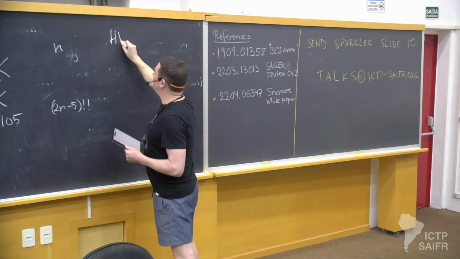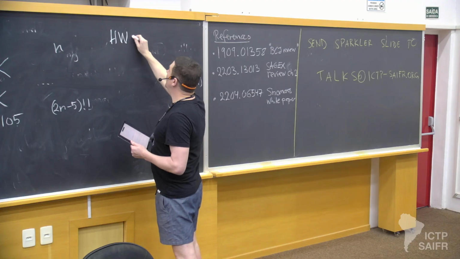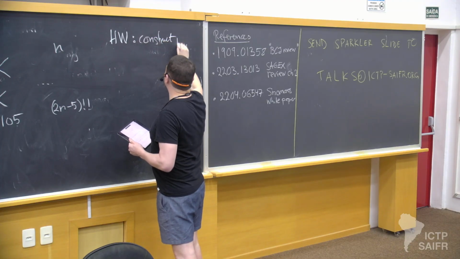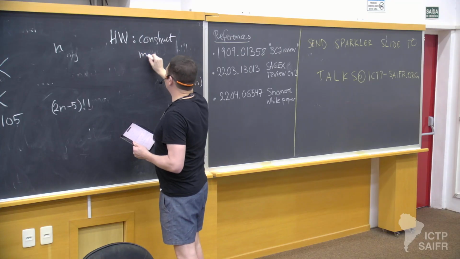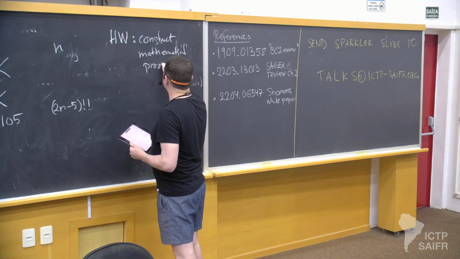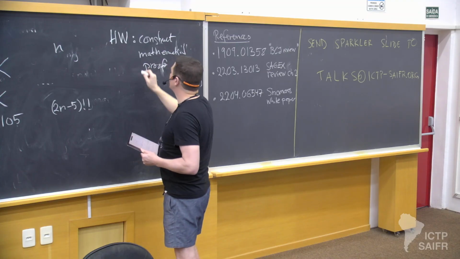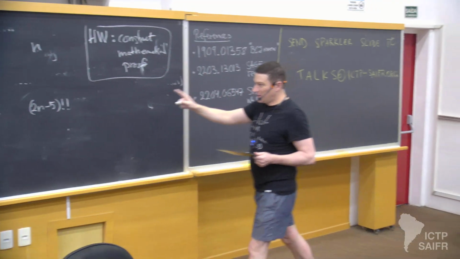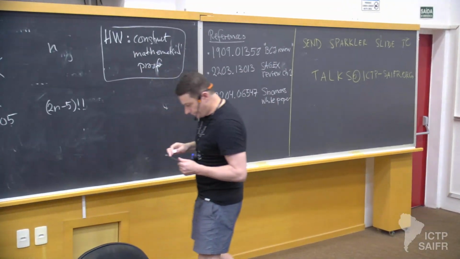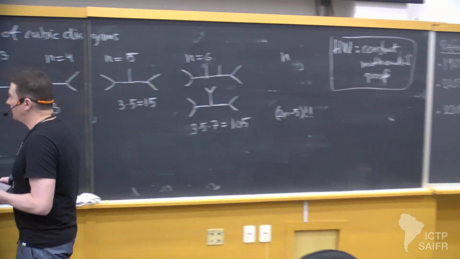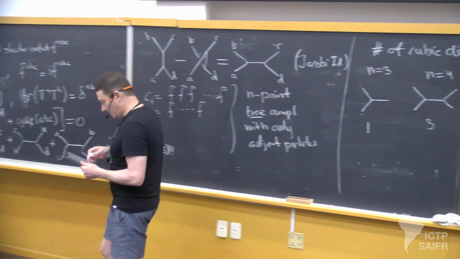So homework: construct a proof, like a mathematical proof, of the fact that that's the number of cubic diagrams. Once you figure out how to do it, it's actually not hard. But before you figure it out, this can be quite hard.